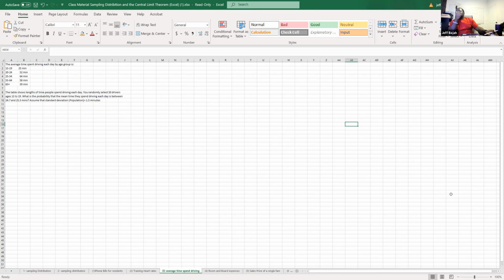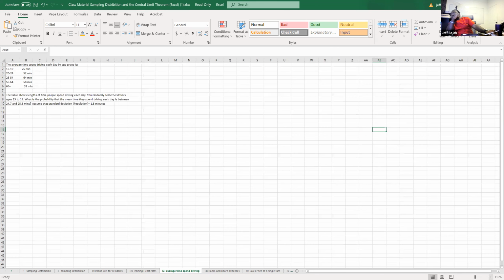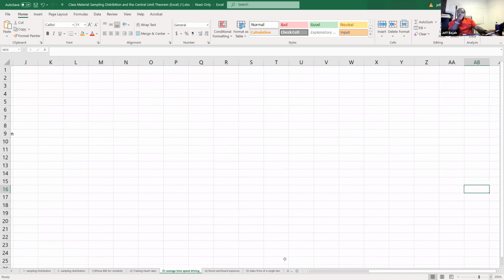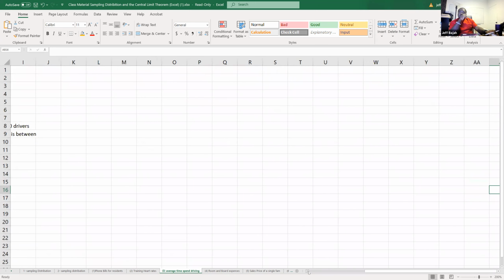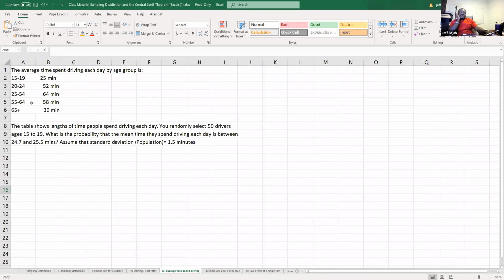Okay, the one we have here is asking us to do a couple of things. When you're solving a question, remember how we did it for normal distribution: we took the question, found the X value, converted that to Z values, and then converted that to probability.